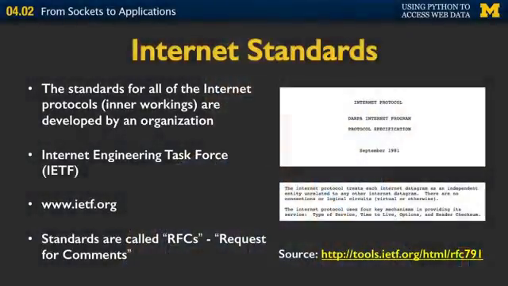Now, if you wanted to write a browser, you could go find the standard that would talk about how to send this data. These standards are often developed by an organization called the Internet Engineering Task Force, or IETF, and they're often called requests for comments.